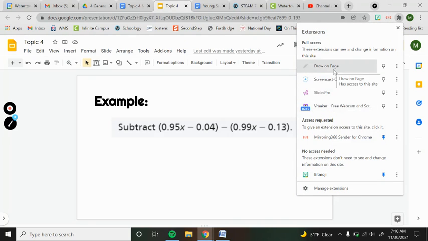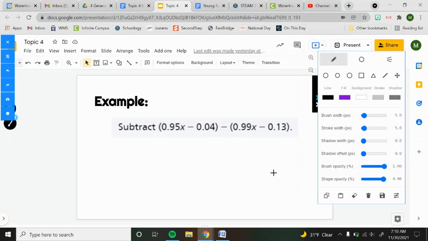So you should get, okay, if you pause, do the problem, I'll know if you didn't, because no one can do this in their head. Okay, you should get 0.04x plus 0.09.